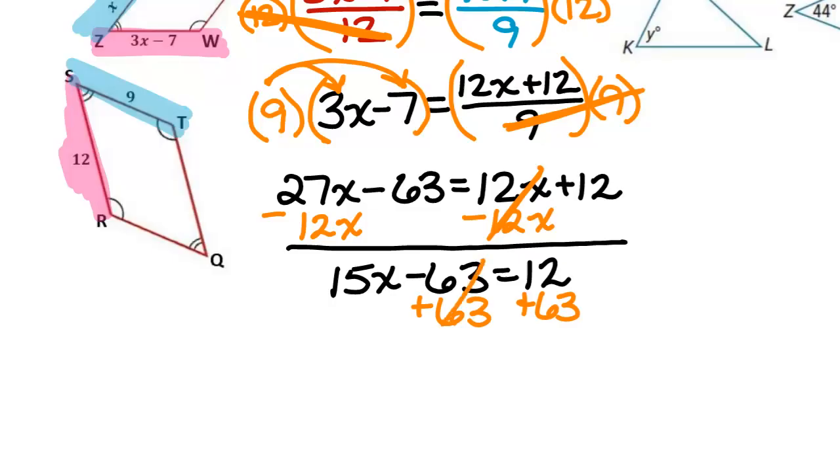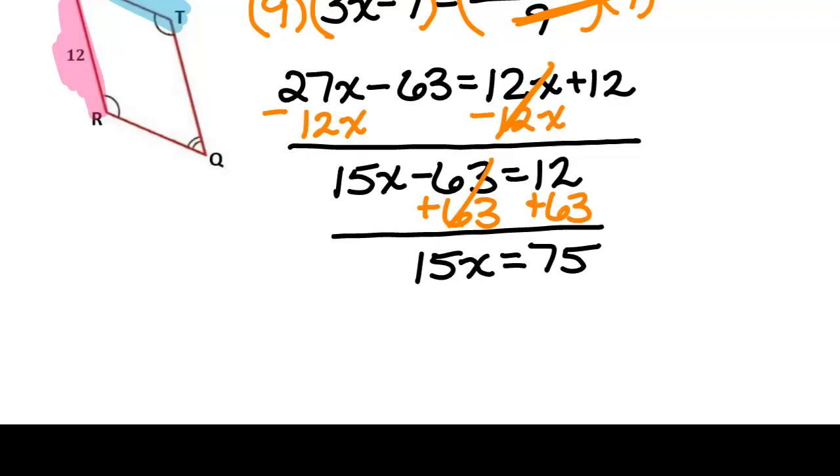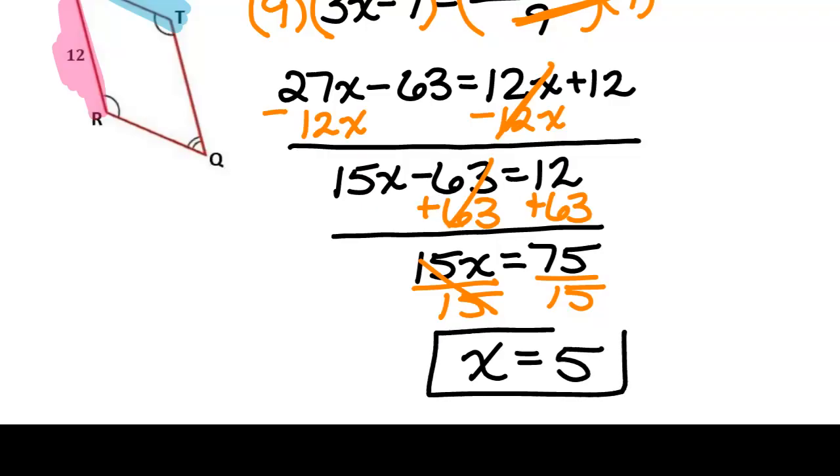What is 12 plus 63? 75. So 15x equals 75. Then we divide both sides by 15 to get our final answer. What is 75 divided by 15? 5. So x is 5.